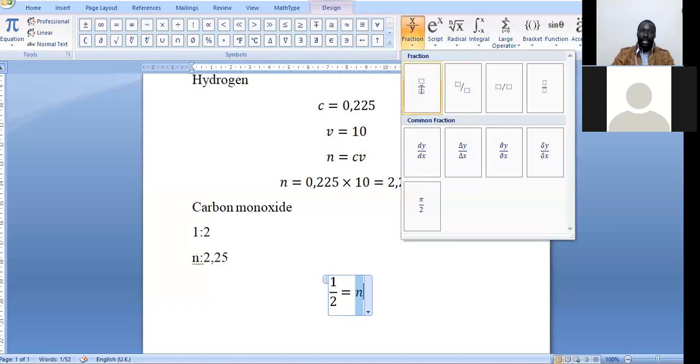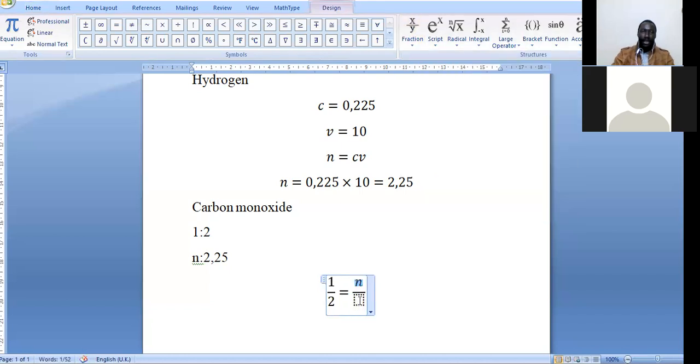Notice that this n we are using now is simply for the sake of carbon monoxide. It's not the same as the other n up there.